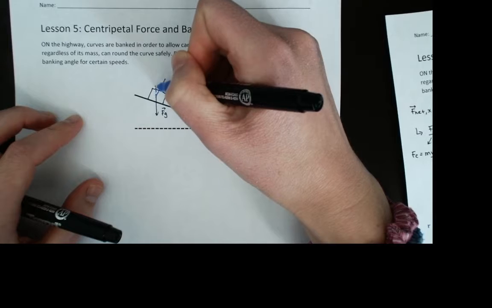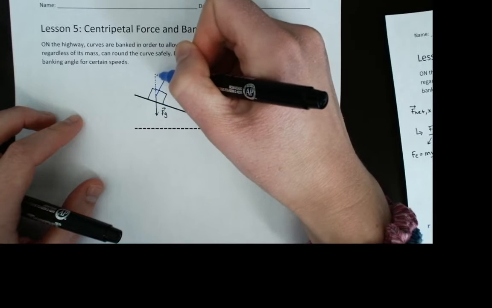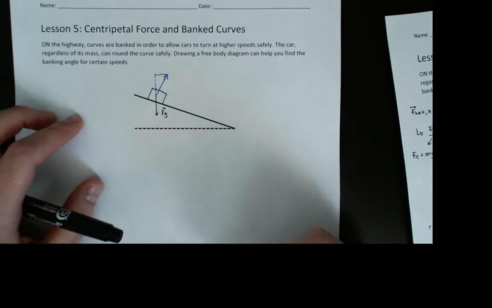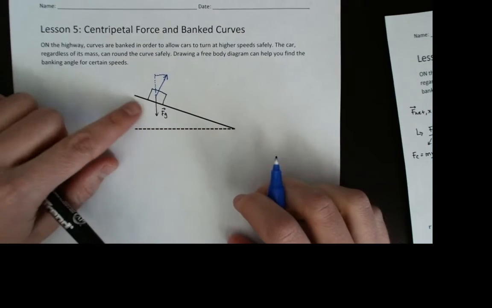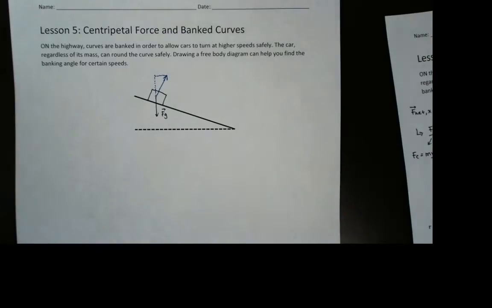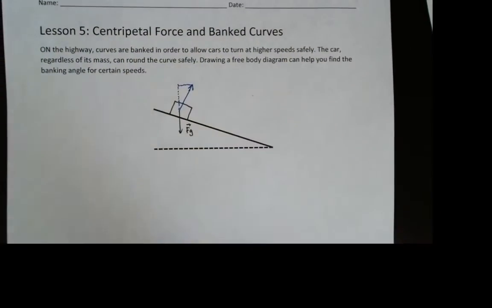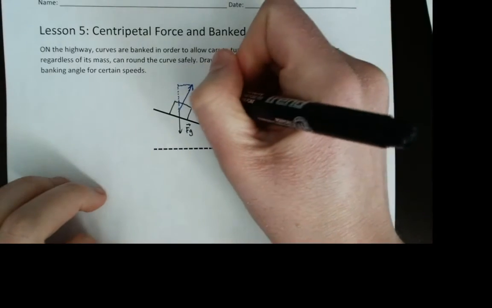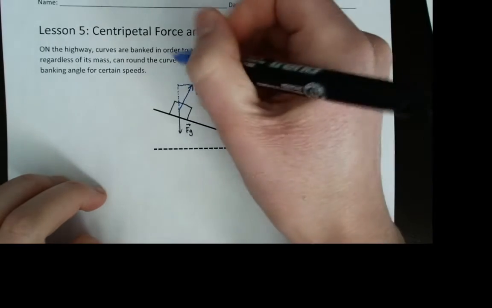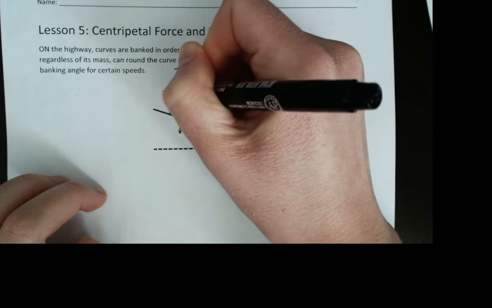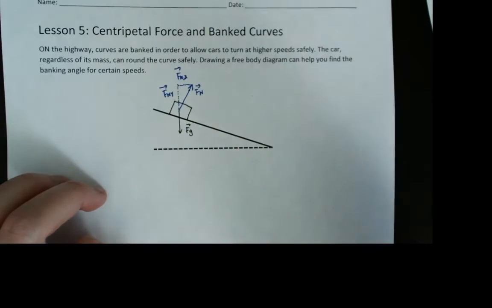The y component of that normal force will be the force that's equal to the downwards force. So this is our normal force, and then of course we have Fnx and we have Fny.